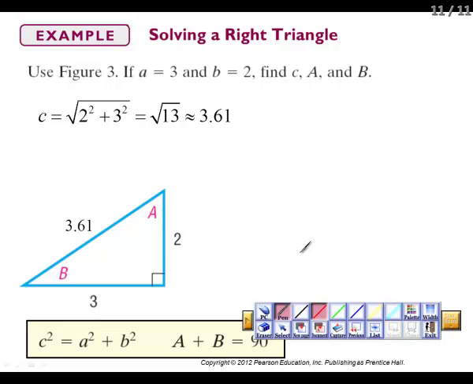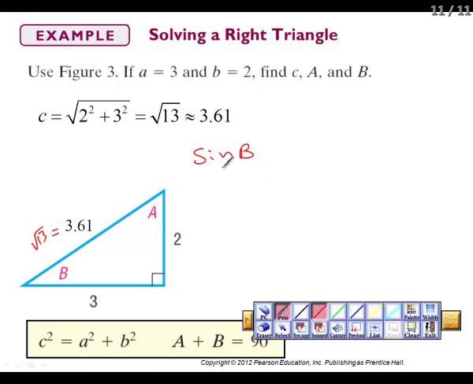So with that, we're going to have here sine of angle B. And actually, since I always like to work with the values that are not rounded off, if you're going to use sine of angle B, I would use square root of 13.